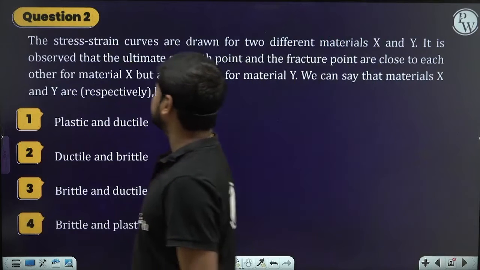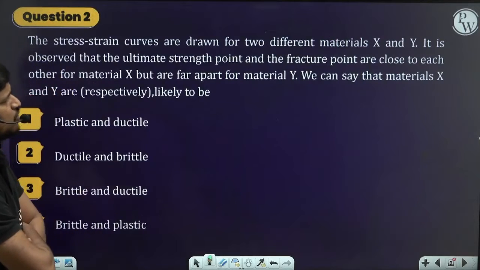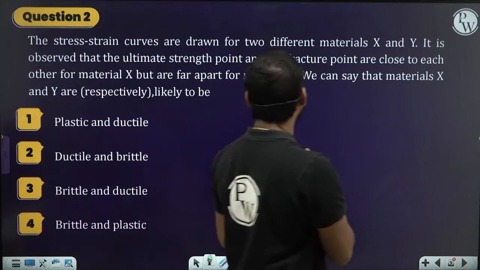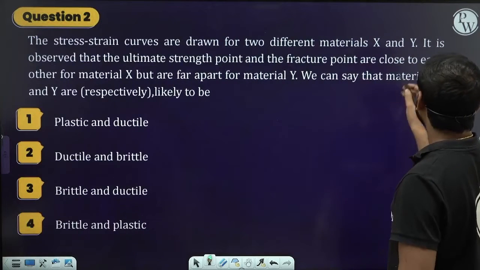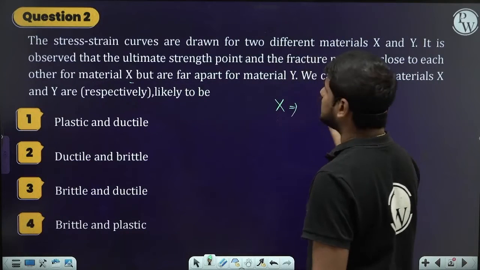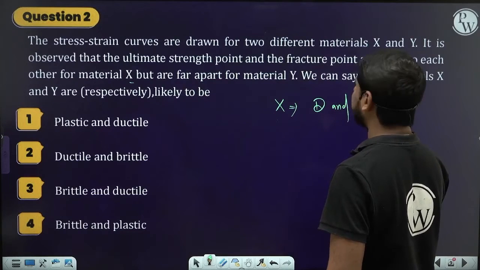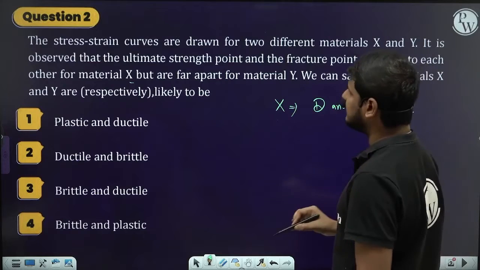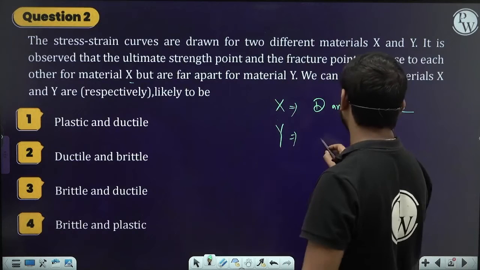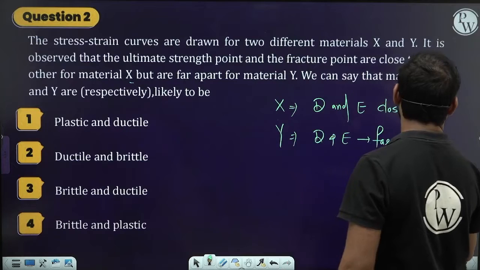We have one more question here. The stress-strain curves are drawn for two different materials X and Y. It is observed that the ultimate strength point D and the fracture point E are close to each other for material X. And for material Y, D and E are far apart.